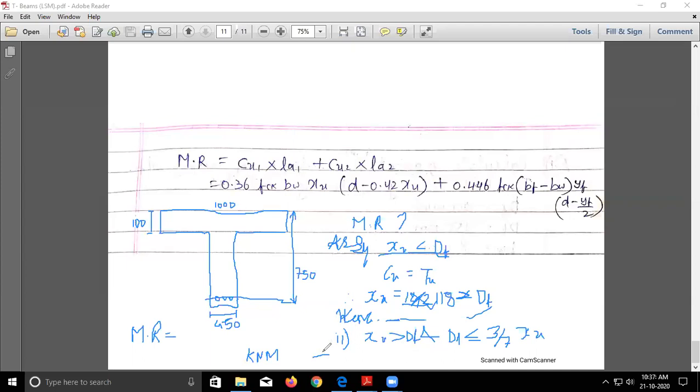Second case, find out Xu now, everyone. So the equation will be Cu1 plus Cu2 equal to Tu. I hope everyone is getting what I'm trying to say.